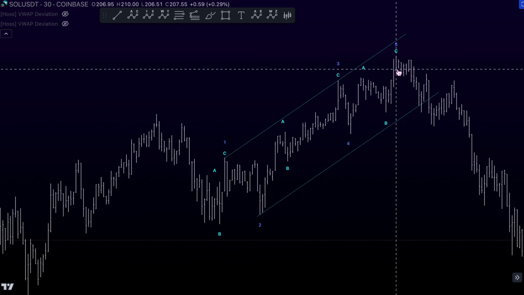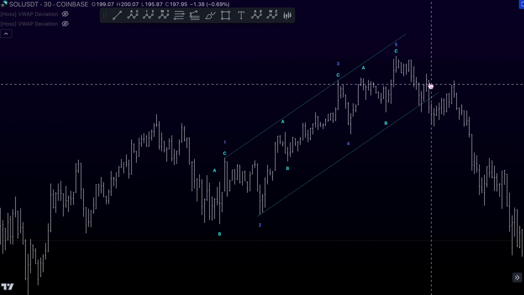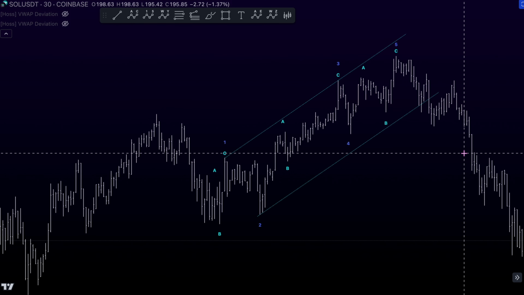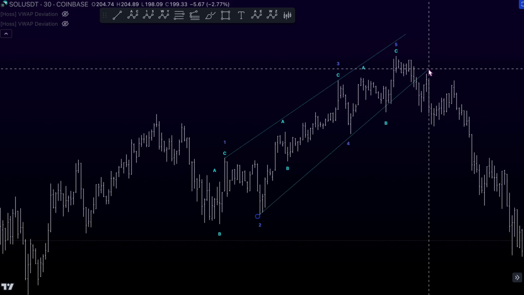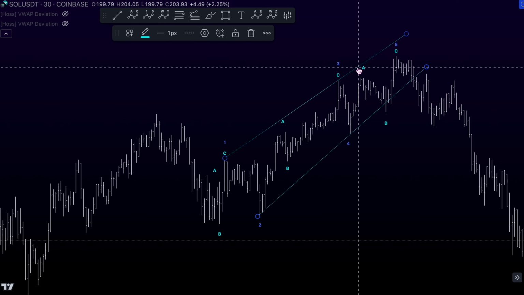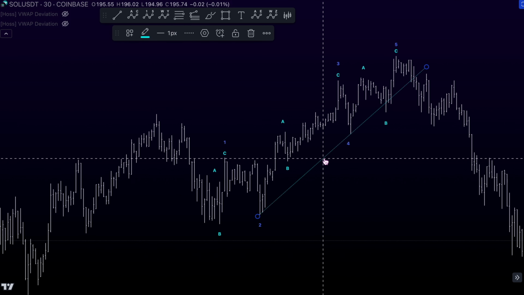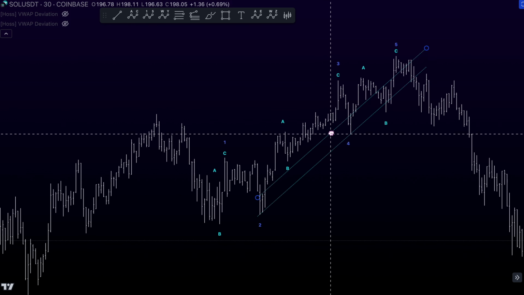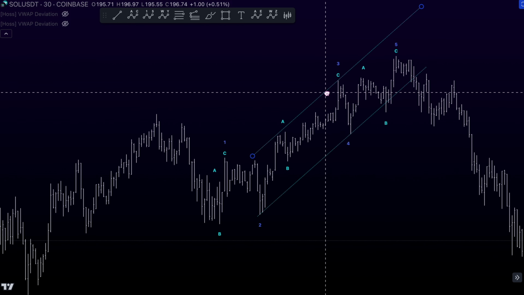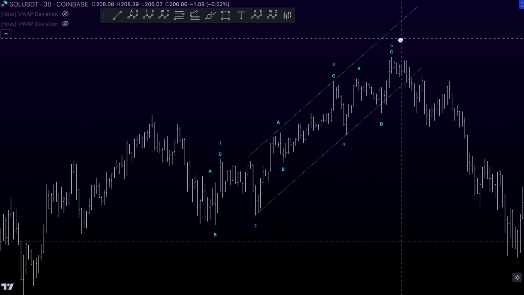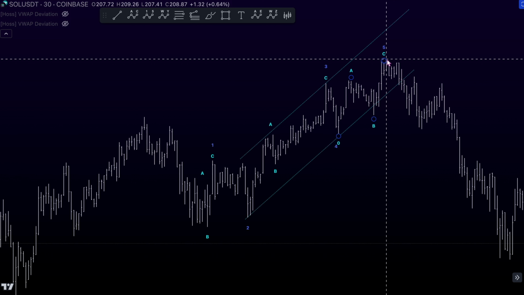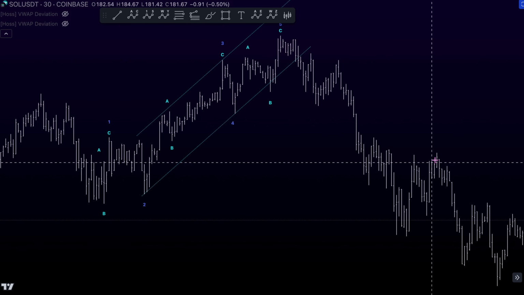The price never breaks out until here, but then the correction on a larger degree started. If we adjust the trend lines a bit and delete this, we see that wave 5 didn't touch the channel. Okay, there was a bit missing. That means that the price or the market was tired, and it was due that the correction is incoming.